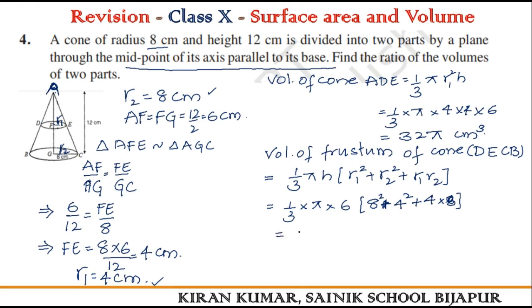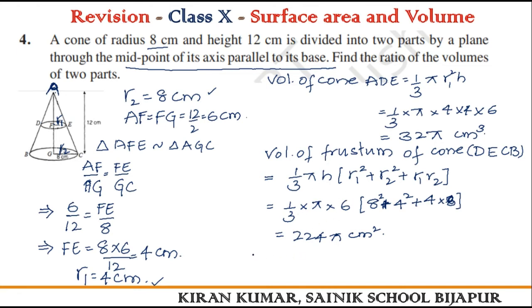So on simplification we get it as 224 pi centimeter square, because 8 square is 64 added to 16 added to 32, that should be multiplied to 2, because 1 by 3 times 6 is 2.